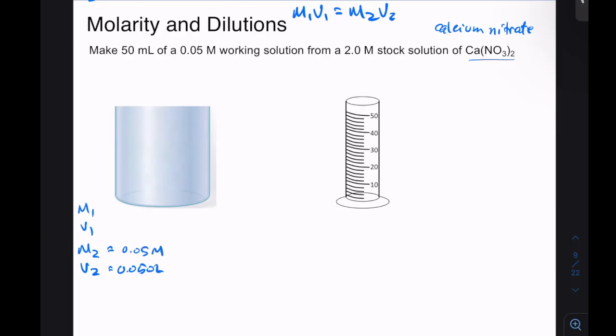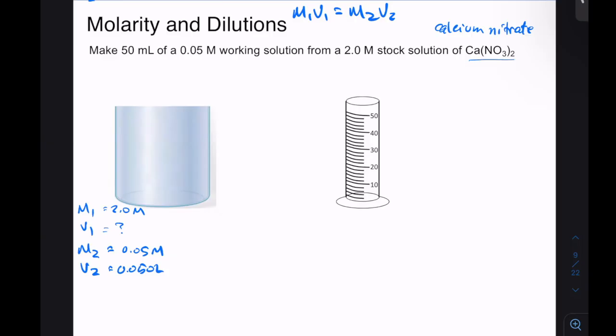We're starting with a stock solution of 2 molar. And we're asked for the volume of the aliquot of the stock solution.